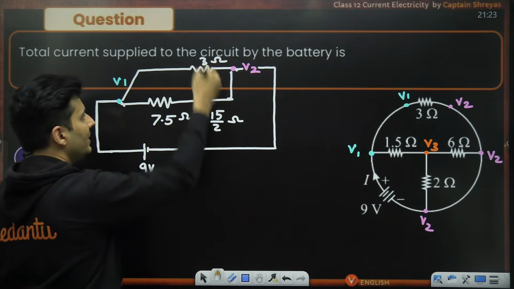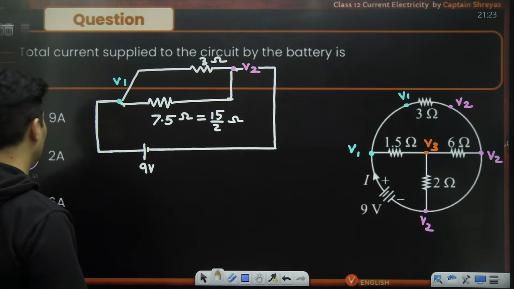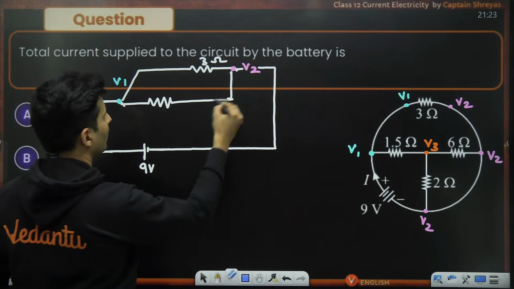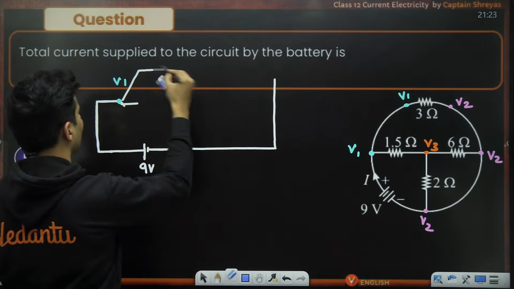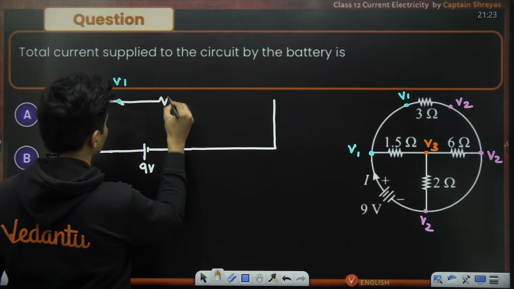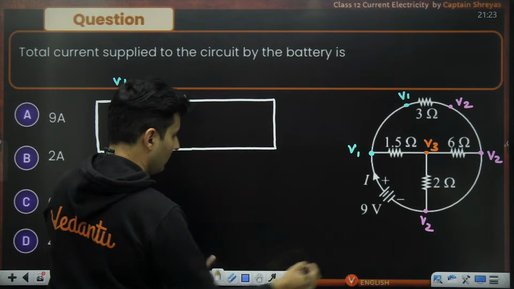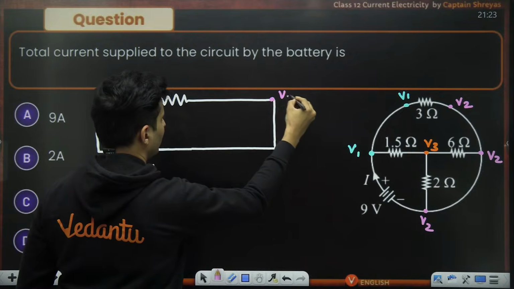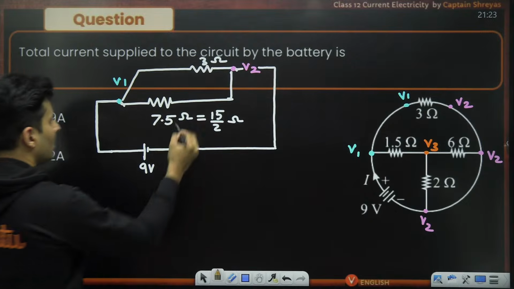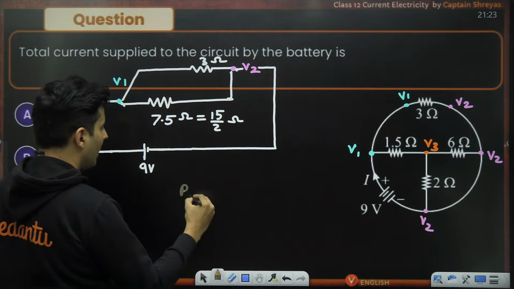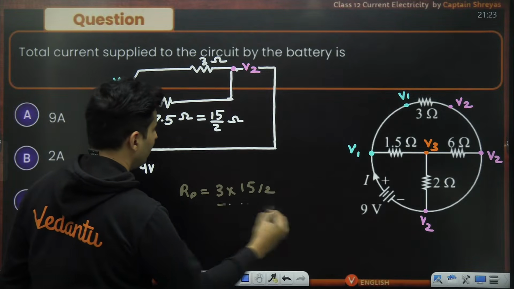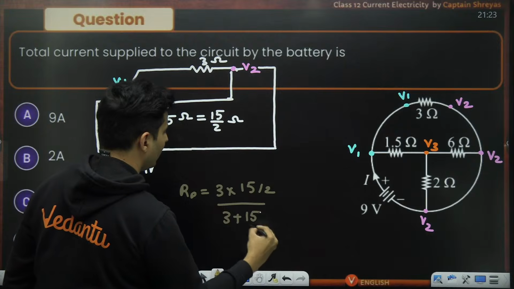Now these two are in parallel. So when you combine these two together, you will get a single resistance over here. This is V1 and this is V2. How much will that resistance be? Since they are in parallel, Rp will be R1 into R2 divided by R1 plus R2.